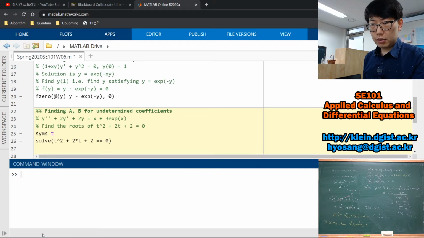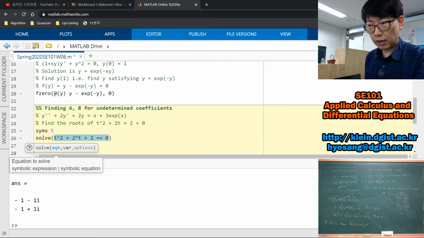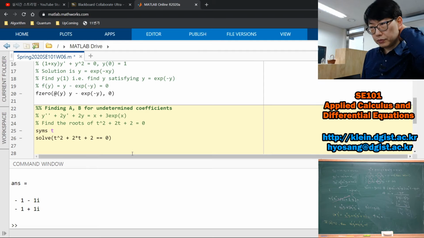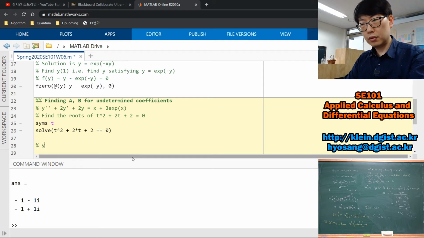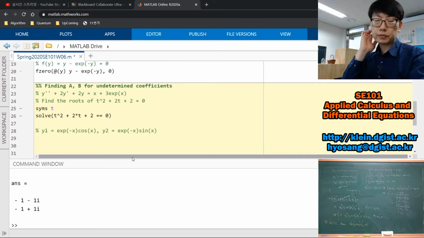When I execute this, I have an answer. It says the roots of this equation are minus 1 plus or minus i. So I can guess that y1 is exponential of minus x times cosine x, and y2 is exponential of minus x times sine x. So these are the fundamental solutions.